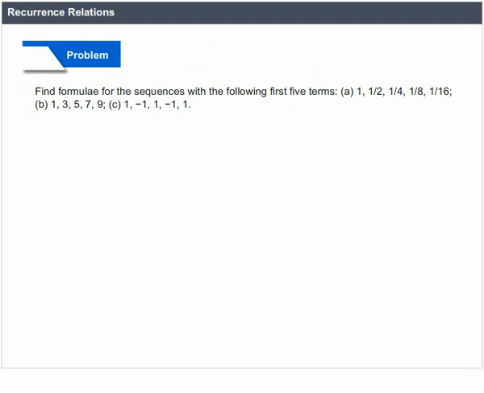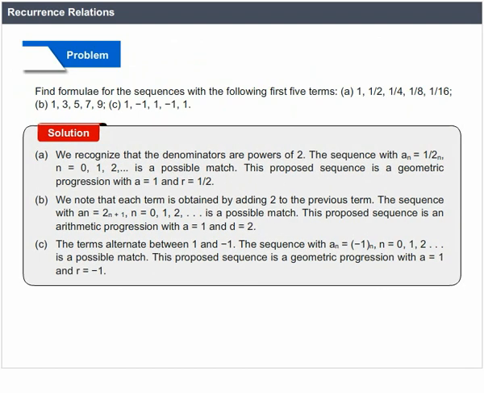Solution. A. We recognize that the denominators are powers of 2. The sequence with a_n = 1/2^n, n = 0, 1, 2, etc. is a possible match. This proposed sequence is a geometric progression with a = 1 and r = 1/2. B. We note that each term is obtained by adding 2 to the previous term. The sequence with a_n = 2n + 1, n = 0, 1, 2, etc. is a possible match.